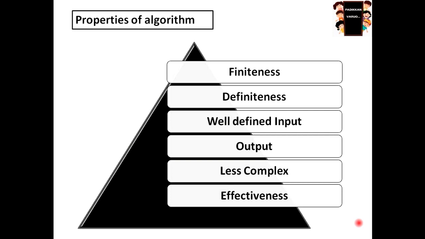And after completing the final stage, we can definitely achieve a solution or the final result to the program. After completing the total stages of an algorithm, we will get the end result that we have expected.